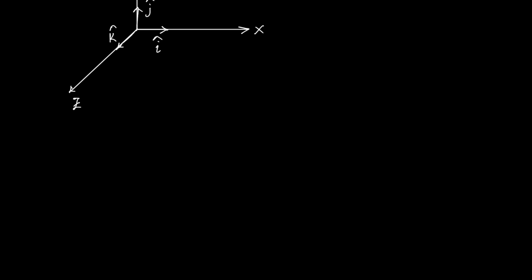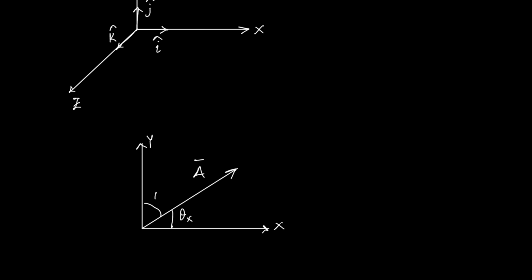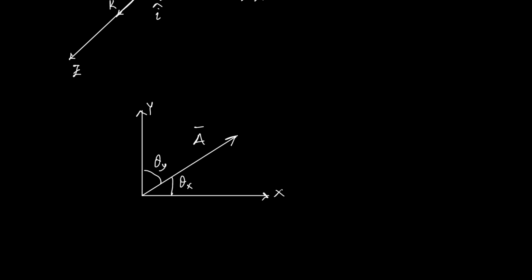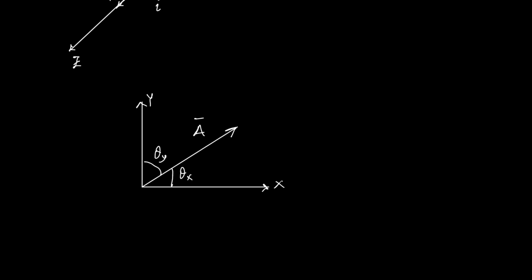So let's see how. Suppose we take a vector in the xy plane first. Suppose this is a vector a in the xy plane, and suppose it makes angles theta x and theta y with these axes respectively. Suppose A vector is written as B plus C, where B and C are two vectors in x and y directions respectively.